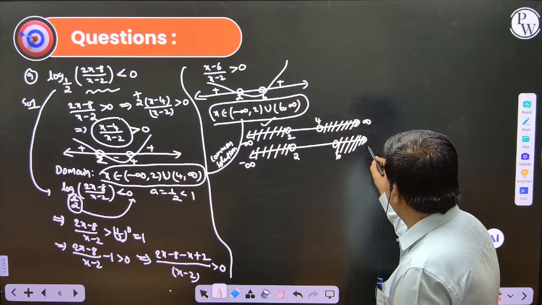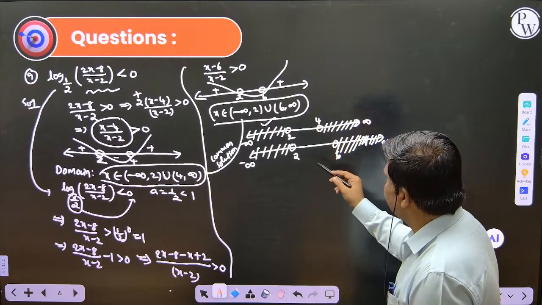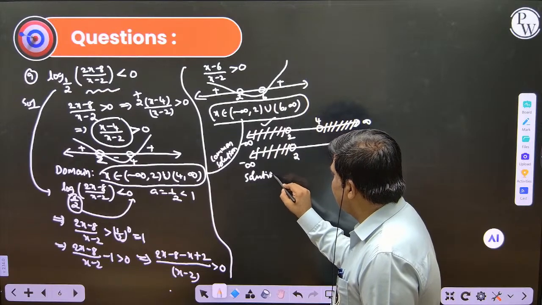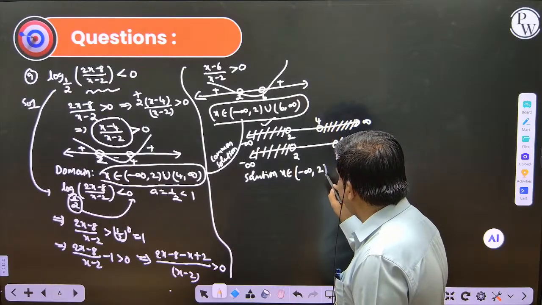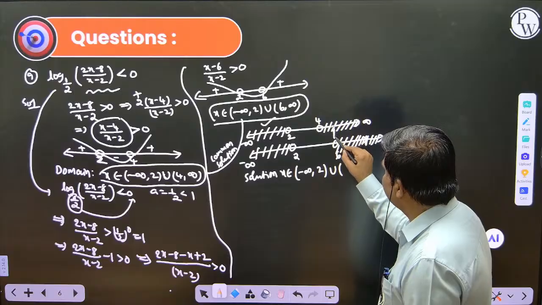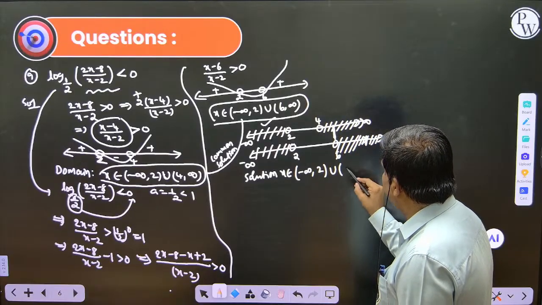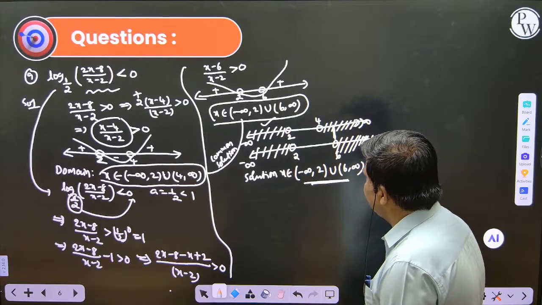Now finally you check it. What is your common solution? Therefore the solution is x belongs to minus infinite to 2 union, again where is their commonality? Here also their commonality, so that is 6 to infinite. This is your solution.